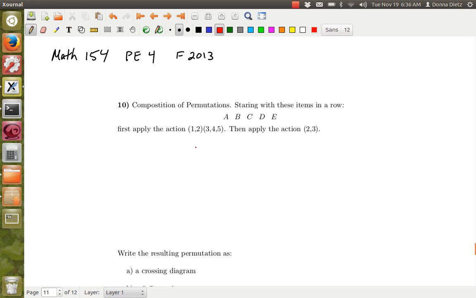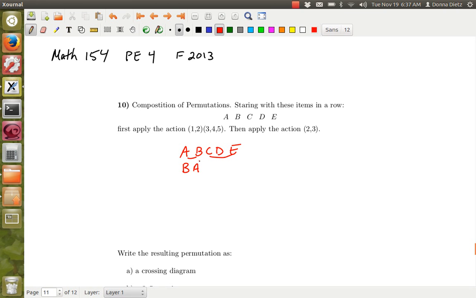So if I start with A, B, C, D, E, I could first apply the switch between 1 and 2, and then this 3, 4, 5. The only thing you have to be careful of is the order.